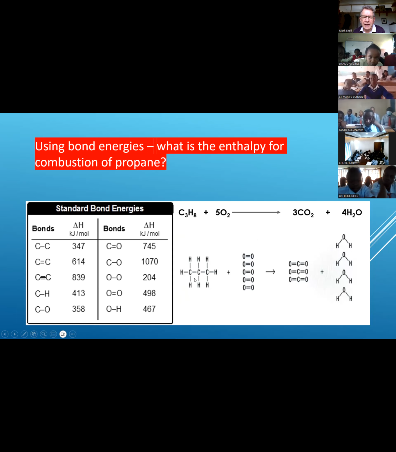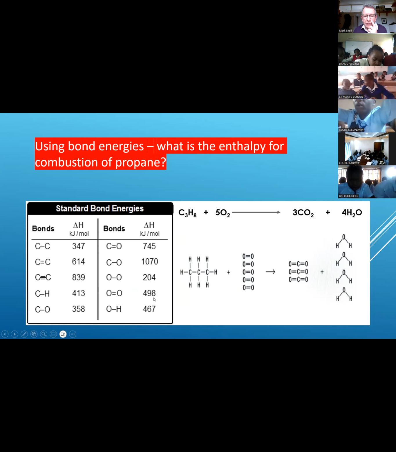So you can see here that there are 2 carbon-to-carbon bonds. 2 of these 347s are going to be needed. There are also going to be 1, 2, 3, 4, 5, 6, 7, 8 carbon-to-hydrogen bonds. Then there are going to be 1, 2, 3, 4, 5 oxygen double bond oxygen.